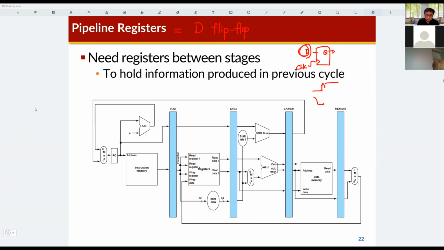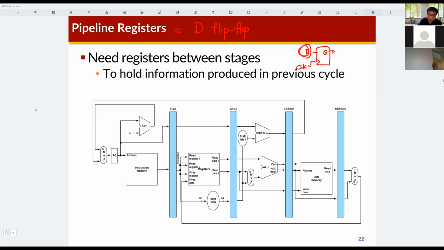So this pipeline register is just a set of D flip-flops. What does that mean? When you mention the pipeline registers, we just mention the neighbor stages of the corresponding pipeline register.